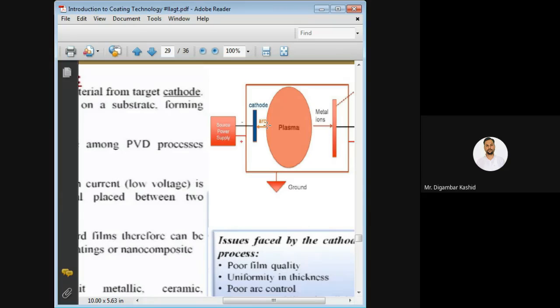The plasma ions, the arc, go to the cathode side, and the metal ions go toward the substrate side. Here you are using a potential difference from a power supply, a high potential difference between your cathode and your anode.